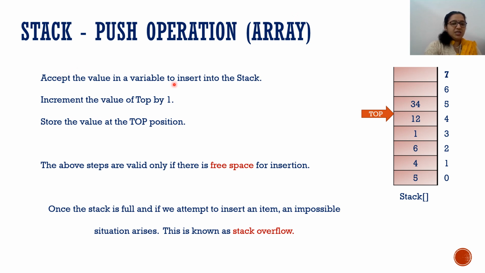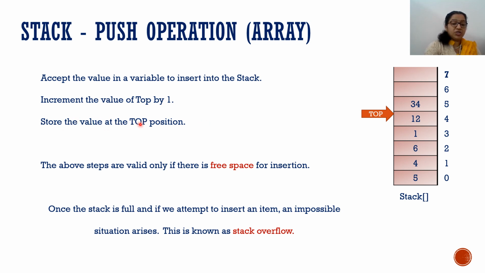So push operation using array. So let us see the important points for this push operation. First we want to accept the value in a variable for insertion into the stack. Then the second point is what? Increment the value of top. Top is the variable that we want to increment by 1, because top is -1 first time. Then store the value at the top position.